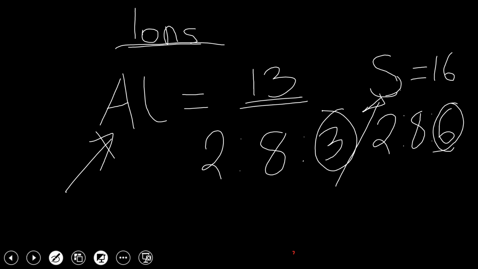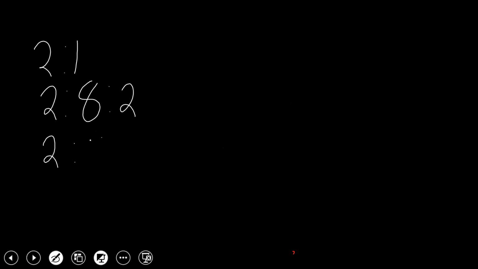You get to know when you write the electron configuration, maybe 2, 1, maybe 2, 8, 2, maybe also 2, 8, 3.